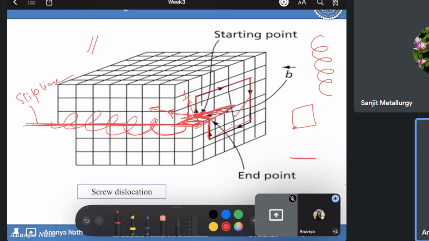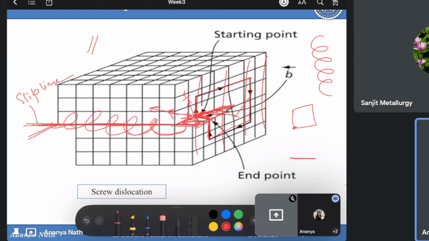This extra half plane will move along the slip line in such a way that there is an actual displacement, because at the end, if this plane is moving now, there will be a point where this whole plane will be just parallel, and the extra half plane will appear somewhere here.